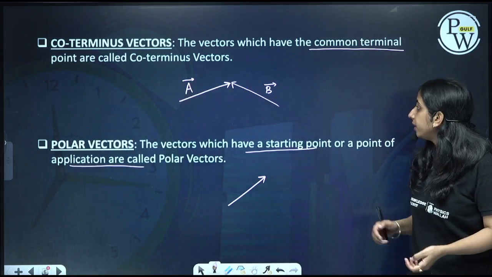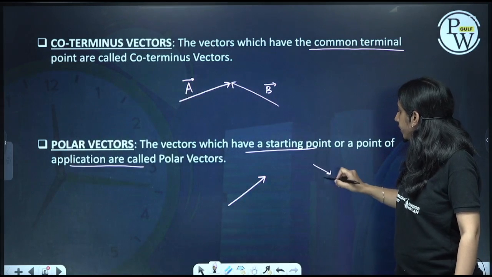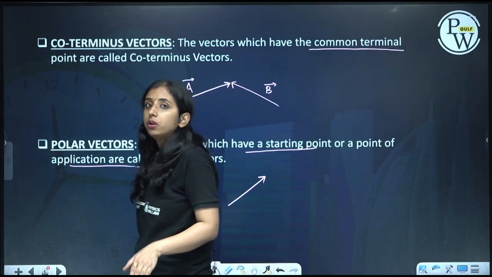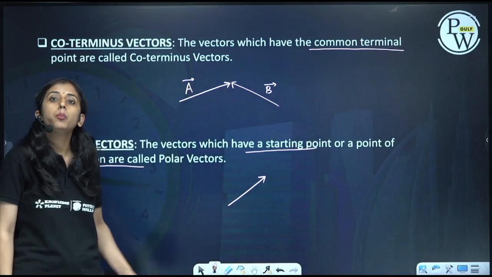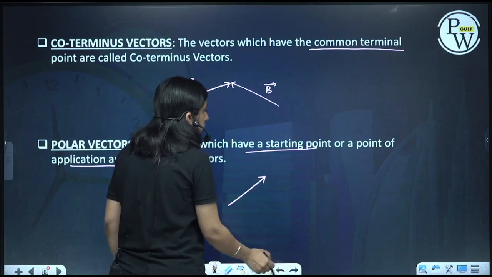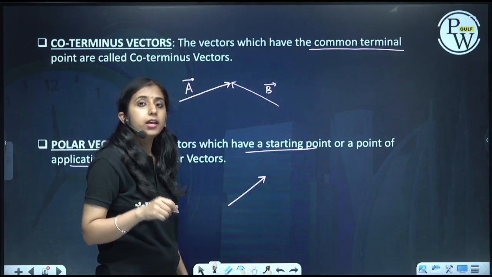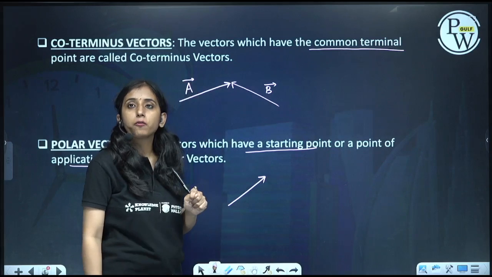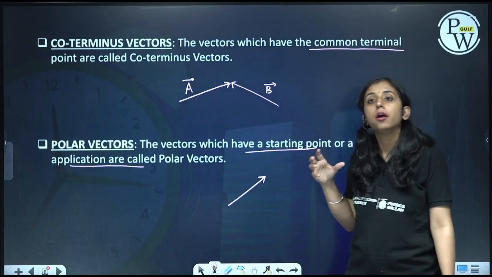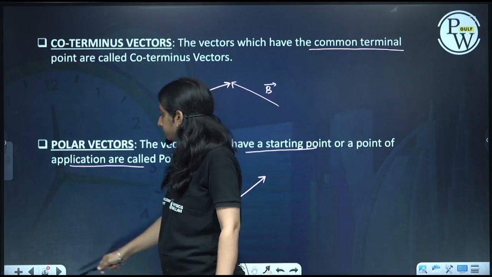They either act at this point or originate from this point. Such vectors are called polar vectors, okay. They act at some point or originate from a point. This is the originating point of my polar vector. So, all vectors like force are polar vectors, okay.